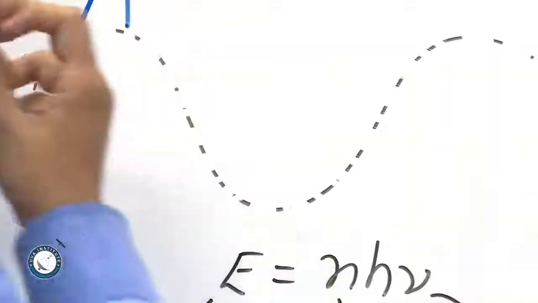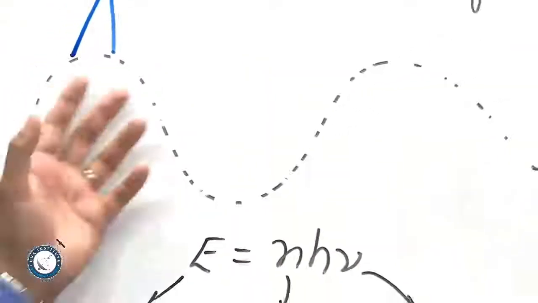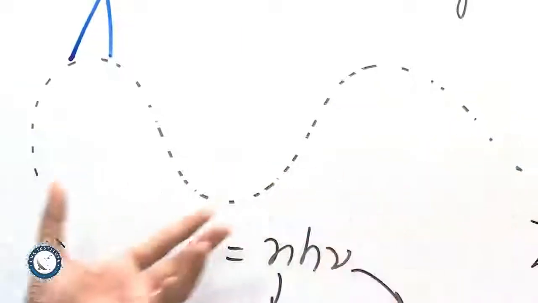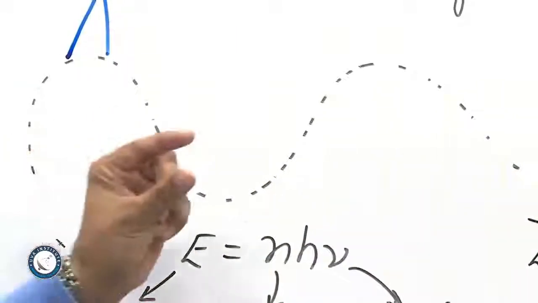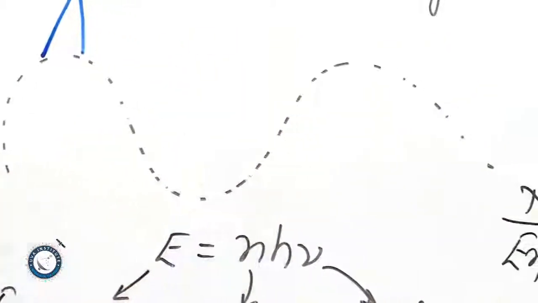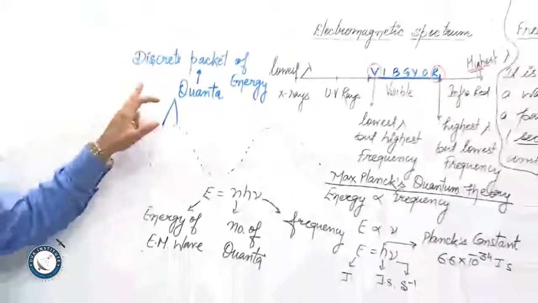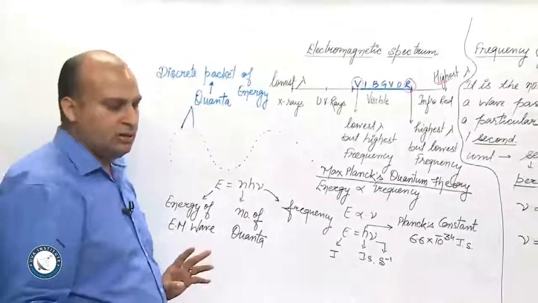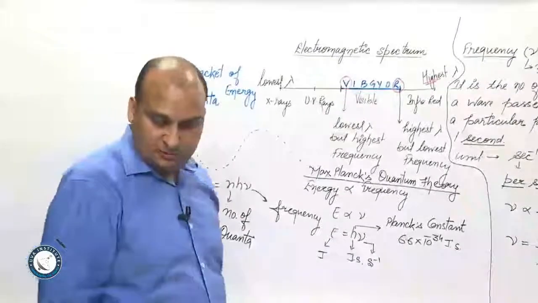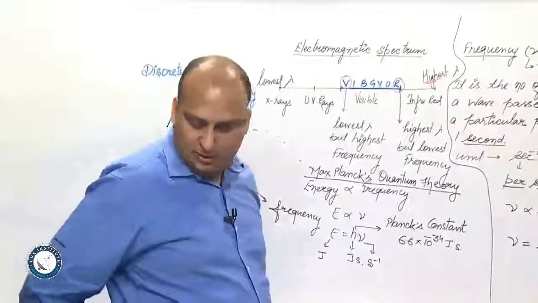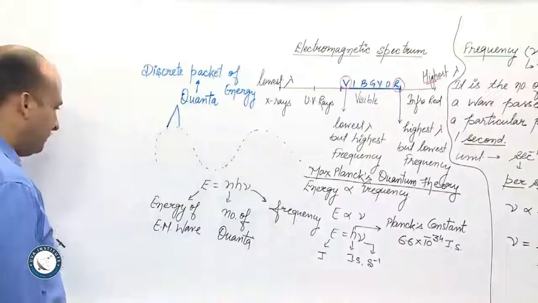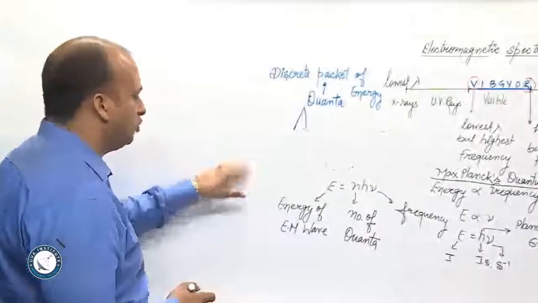Fine. Okay, this is how the energy is actually traveling. It travels in the form of small packet of energy. Zoom out kariye. It travels in the form of small packet of energy called as quanta. Right? Now many a times they confuse you with this particular statement, that what is the relation between quanta and photon.